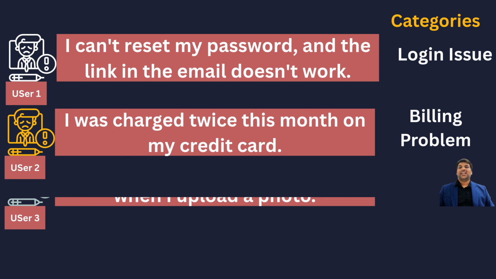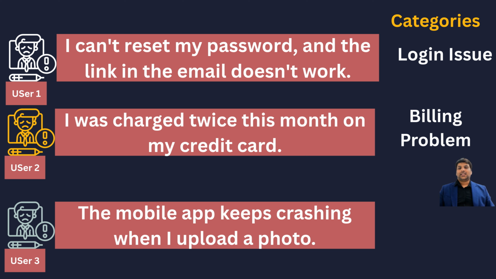Third user request: the mobile app keeps crashing when I upload a photo. The second category seems a billing problem. The third category is a mobile app bug. The system can even assign these to the right support agent automatically. This reduces human effort, speeds up response time, and improves customer satisfaction.